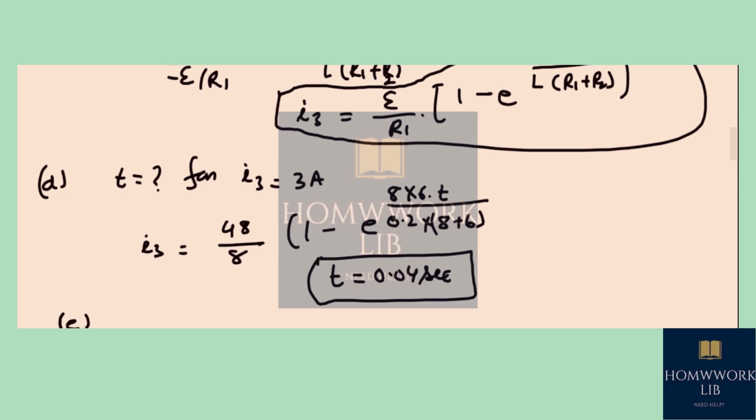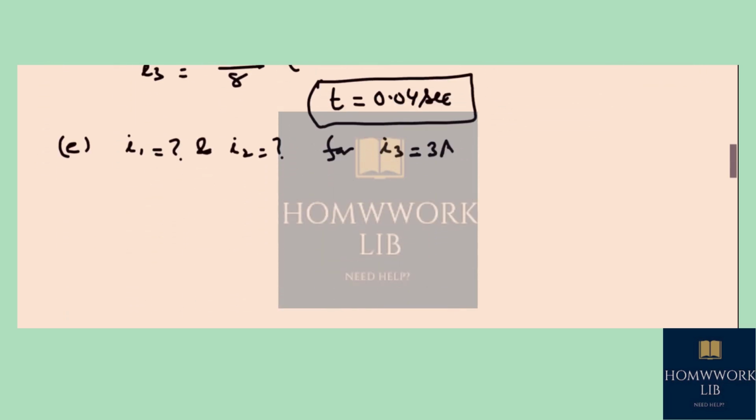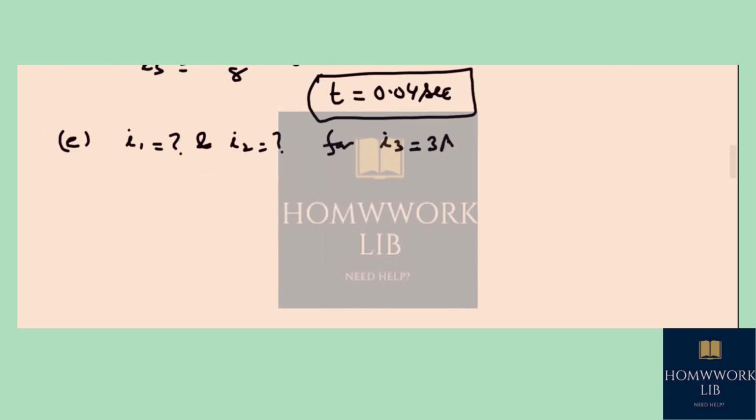In E part, we have to find I1 and I2 for I3 equal to 3 ampere. From equation 4, I2 can be written as EMF minus I3 R1 over R1 plus R2.